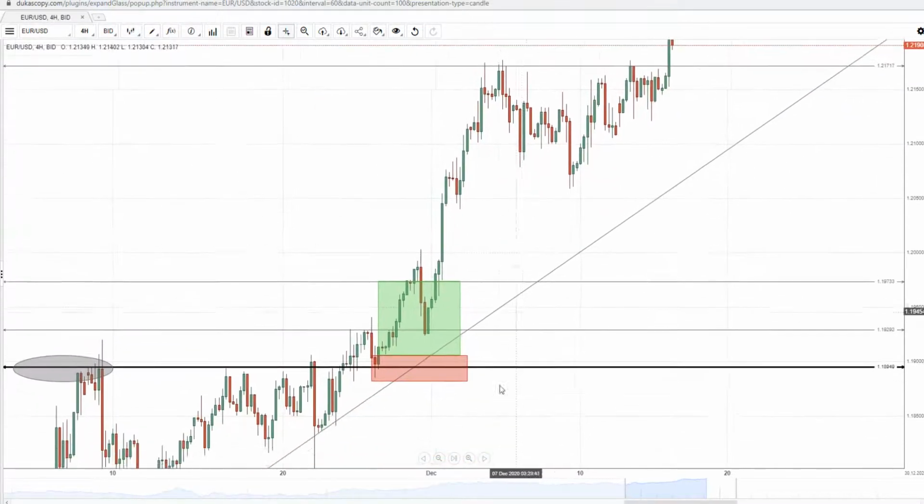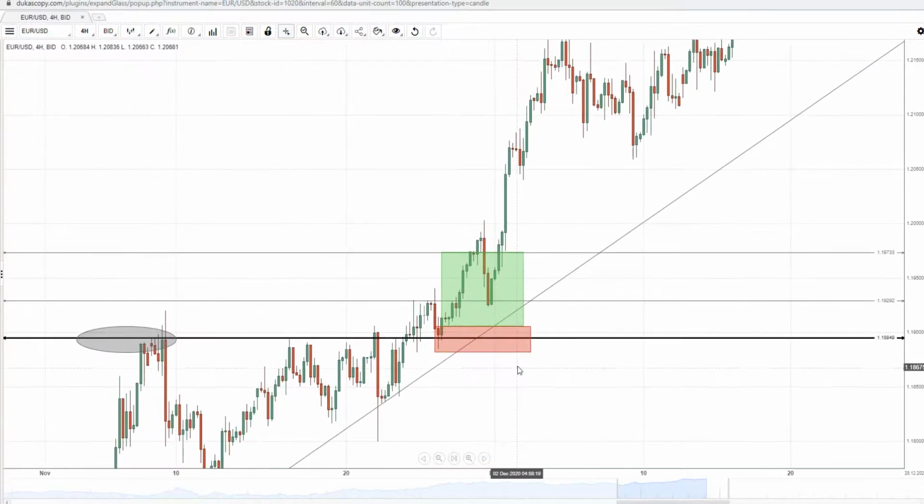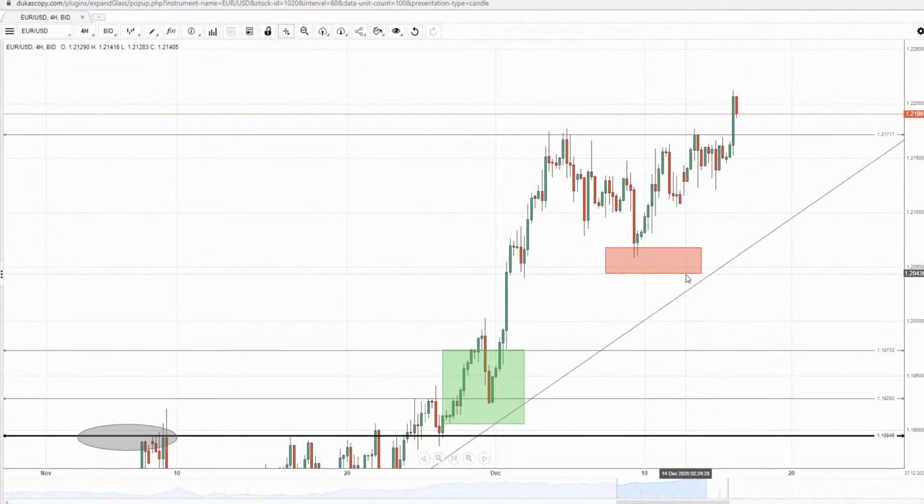And my stop loss and take profit are going to be the same as what I was talking about. If I buy this pair at the retest, somewhere in this region, my stop loss is going to be below that level.